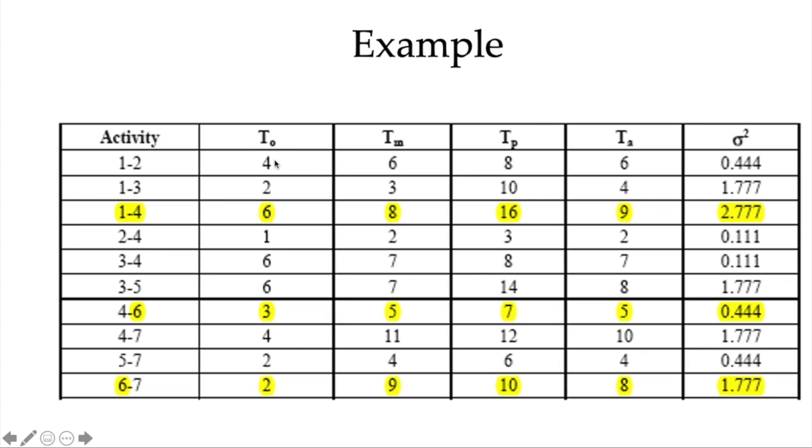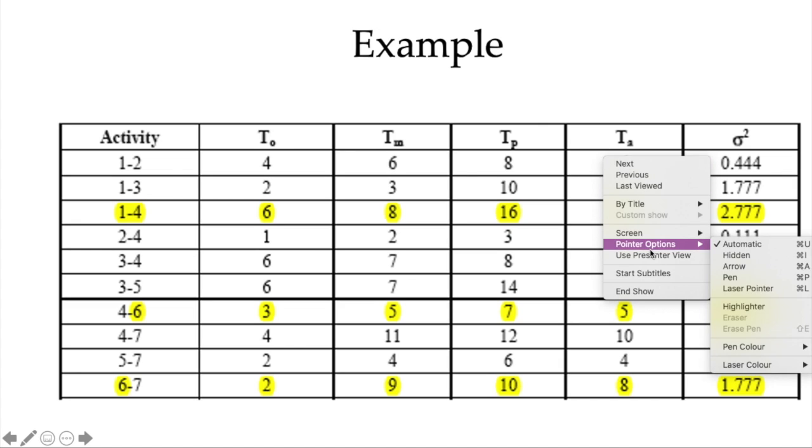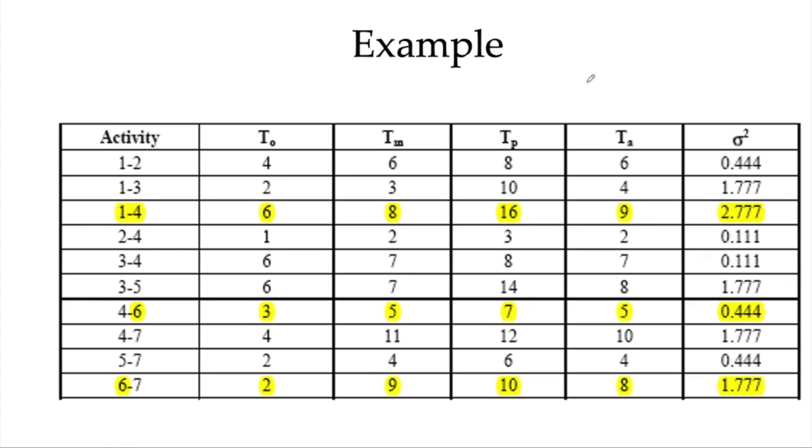Since we have TO, Tm and Tp, we can find the mean time. So the mean time will be 4 plus 4 into 6 plus 8, divided by 6.